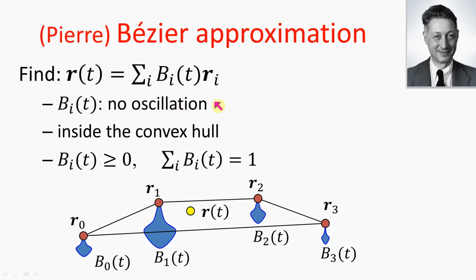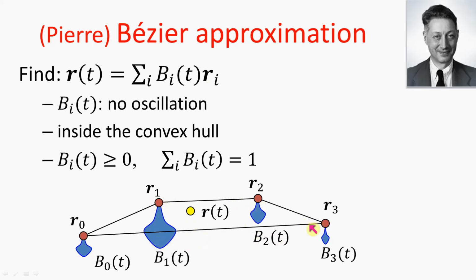Let us continue searching for the parametric form of the curve in the form of weighting the control points with weighting functions, while assuming that the sum of the weighting functions is always 1. So this formula is nothing but the center of mass of the control points when we distribute B0 weight to the control point of index 0, B1 weight to the control point of index 1, and so on.